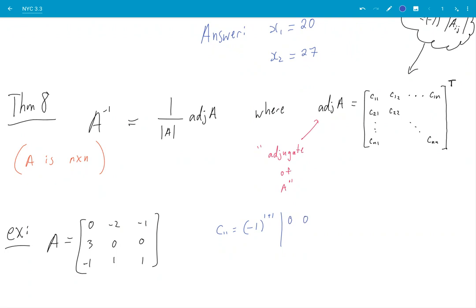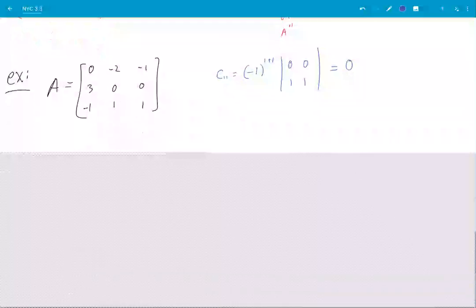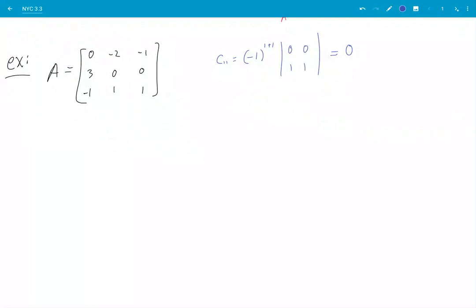You get 0, 0, 1, 1. So this one just turns out to be 0. C12 is negative 1 to the 1 plus 2. And then you delete first row, second column, and you get 3, 0, negative 1, 1. So what's that? Negative 1 times 3 is minus 3.